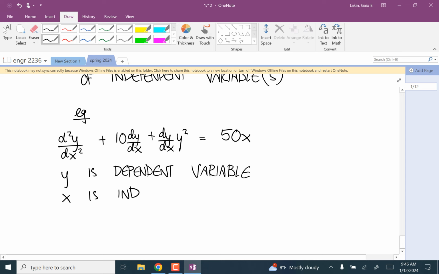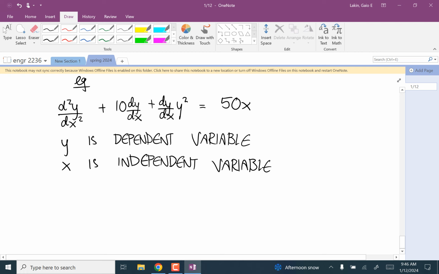This is totally determined by what's in the top and what's in the bottom of those derivatives. And solving this differential equation means finding y as a function of x. Okay?